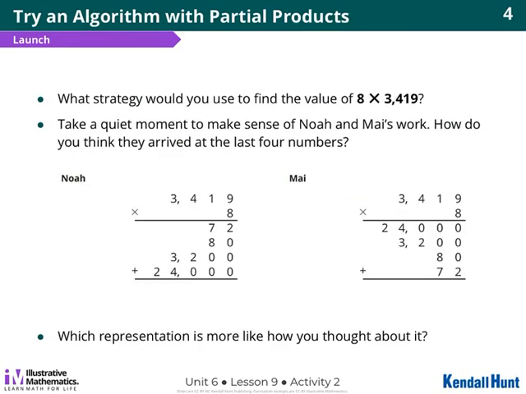Okay. All right. Here's our launch. What strategy would you use to find the value of 8 times 3,419? Okay. So we have Noah's strategy and we have Mai's strategy.